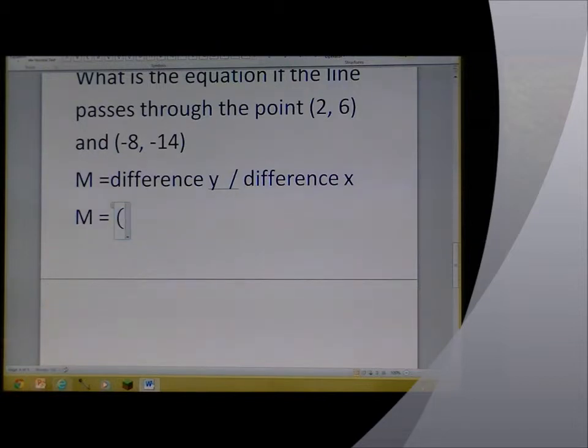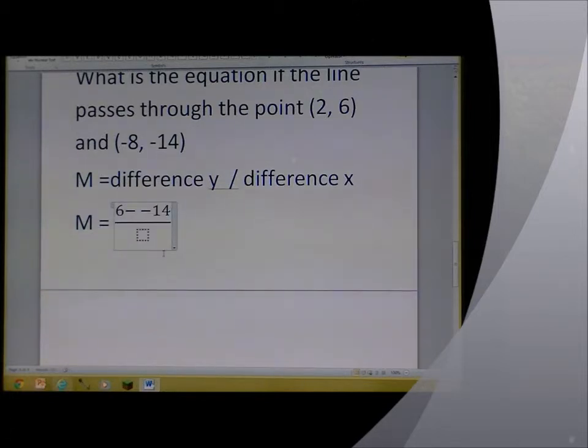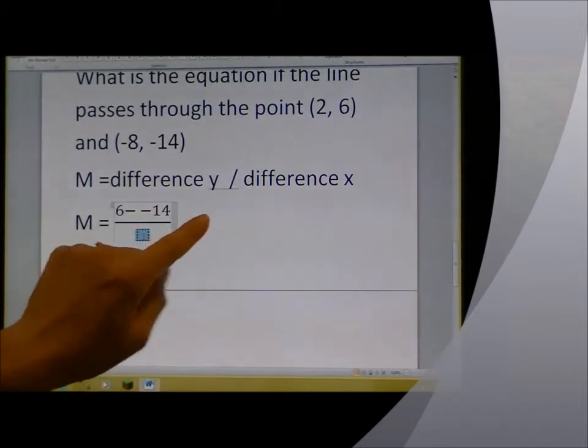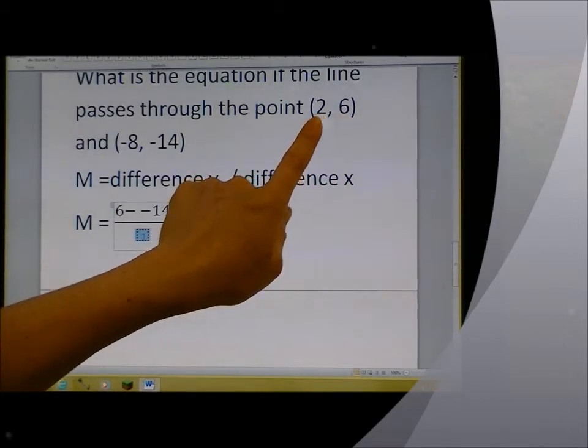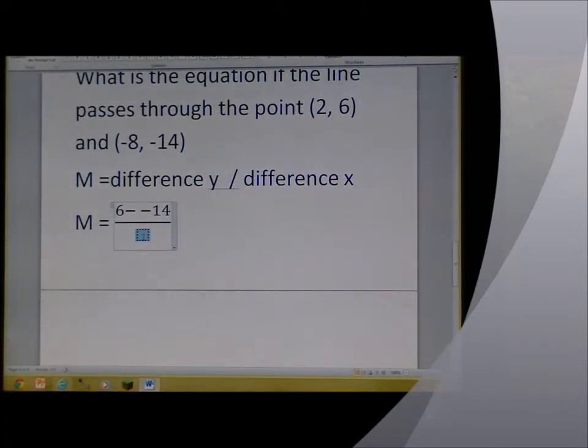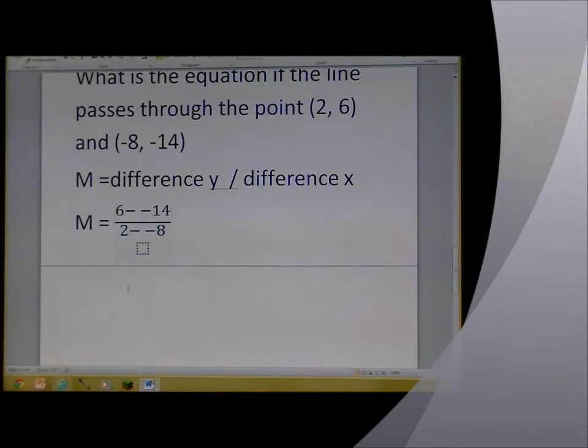So I'll use parentheses at first. 6 minus -14, divided by, and then I want to do the same order. So if I did this point first, 6, then I also have to do the 2 first. So then I say 2 minus -8.